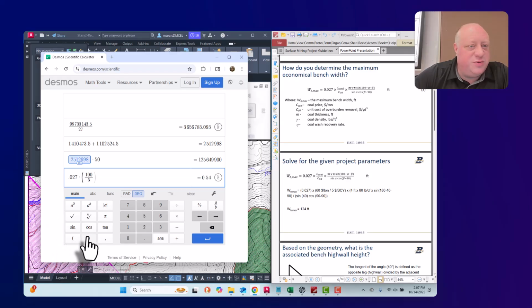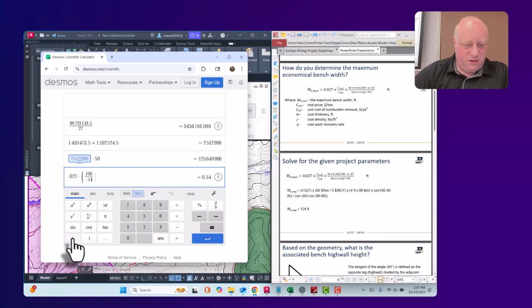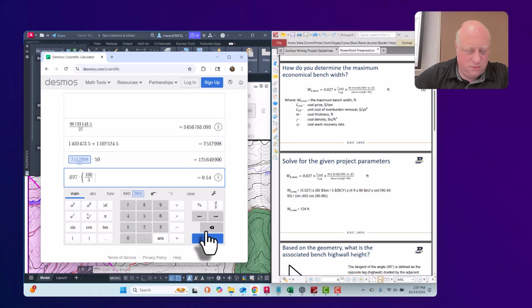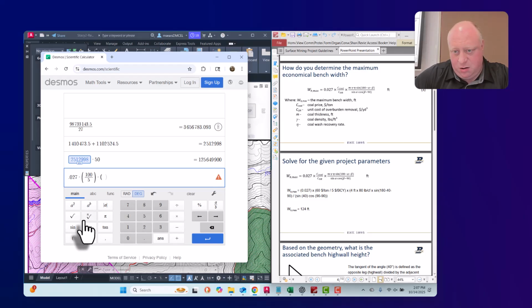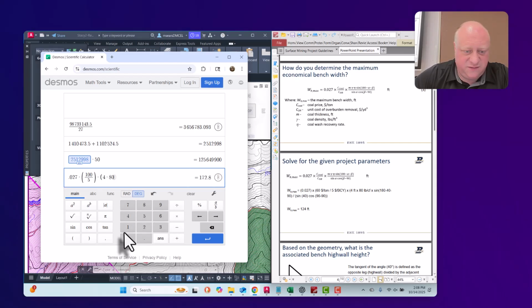The $100 per ton and the $5 per bank cubic yard overburden removal. Then we'll multiply that by our coal thickness, which in the Southern Reserve is 4 feet, and by the coal density, 80 pounds per cubic foot.